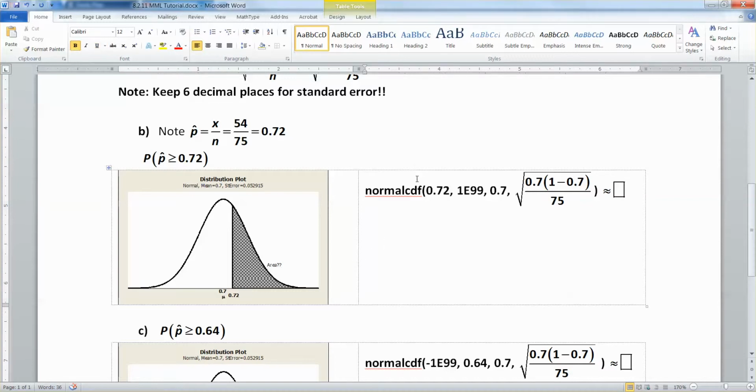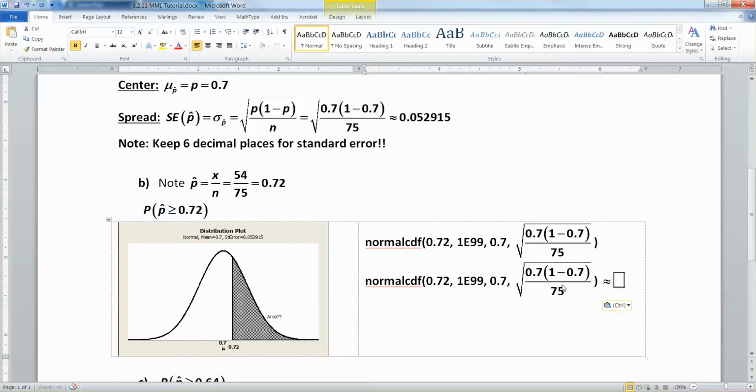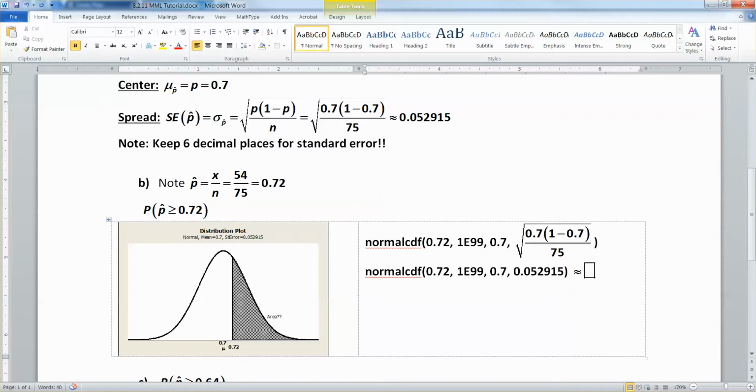To find that area, you say normal CDF, 0.72, 1E99, 0.7, and then you have a choice. You can use either that big square root, or you can use the value of 0.052915. Again, you must keep at least 6 decimal places to make this work.